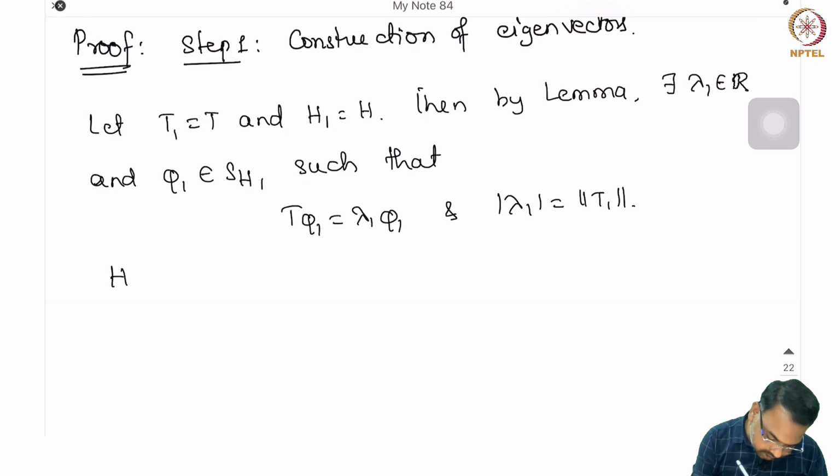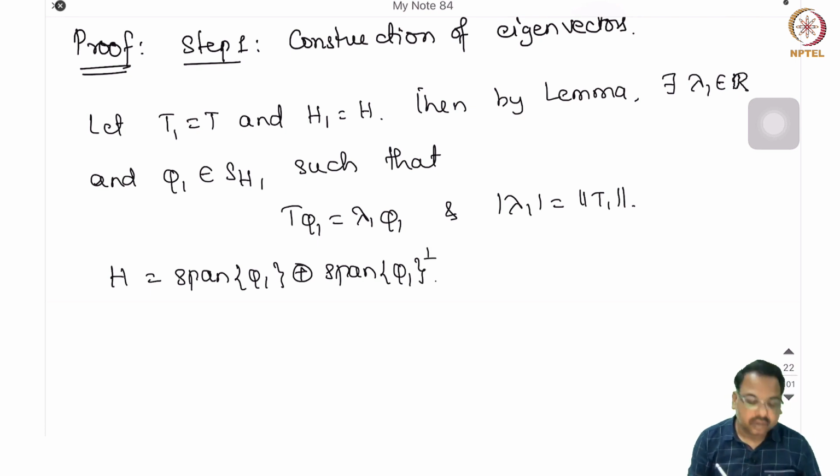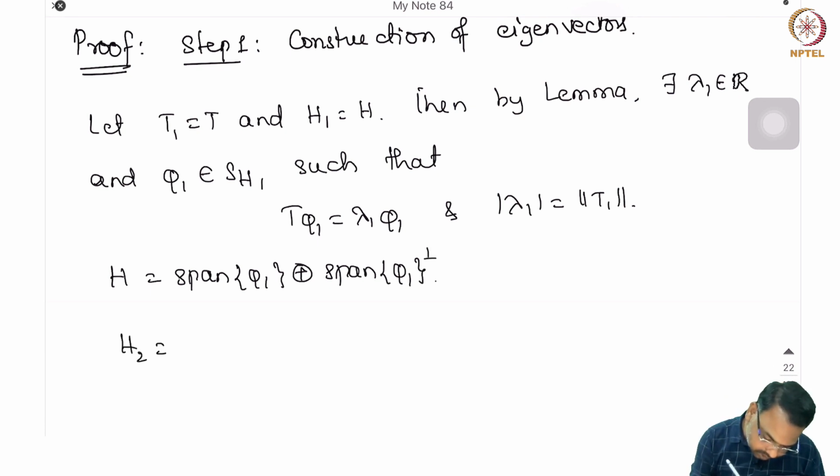Now by the projection theorem, H can be written as span of phi 1 with its orthogonal complement, span of phi 1 perp. So let us write H2 as span phi 1 perp.